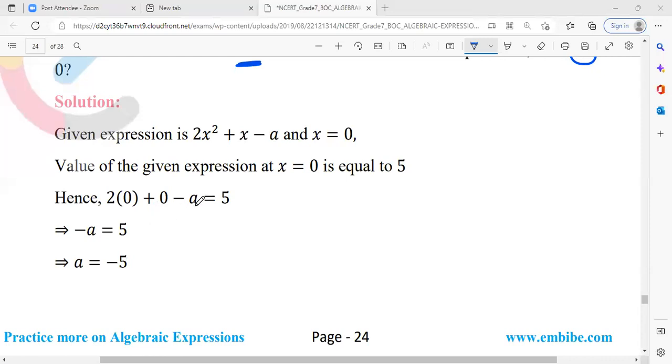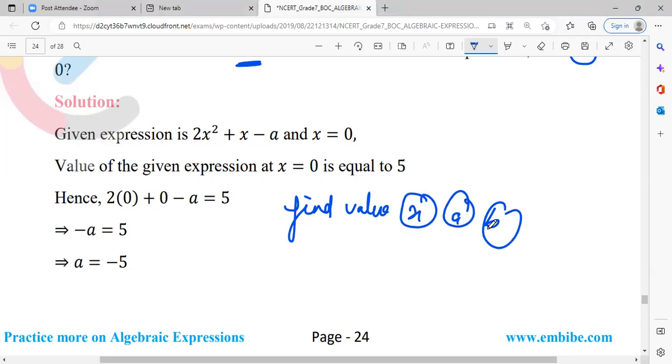Remember one thing, whenever you have to find the value, for example the value of x, a, b, whatever it is, you have to make that one alone. This is the equal sign. For example, if this is plus 2, when this plus 2 goes to the other house, this is house 1 and this is house 2.